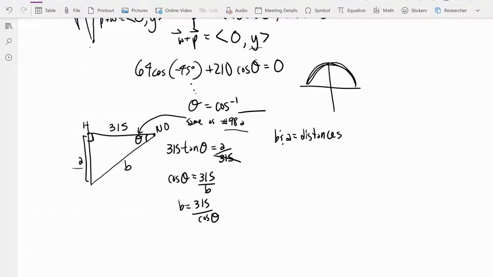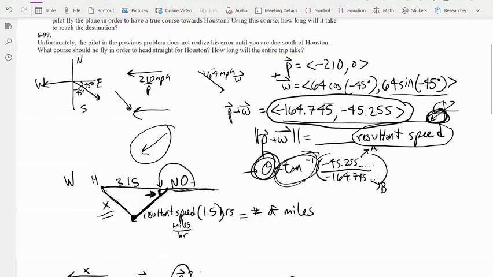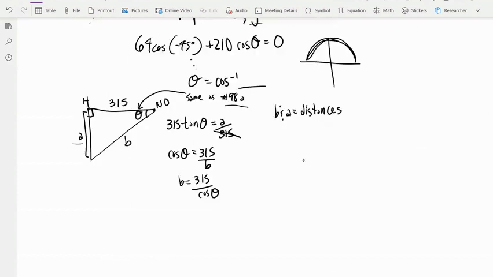To solve for the amount of time, remember, distance is equal to rate times time. So once you solve for your distances, you can divide them by the rate to solve for time.